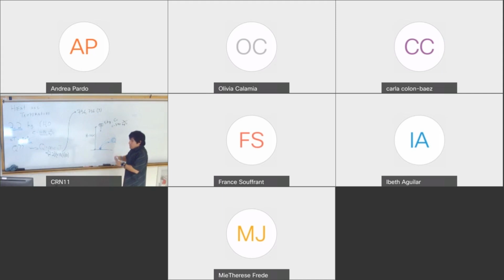This heat, because of conservation of energy, of course, we're still neglecting the air friction, right? But that's fine. All this heat will be basically the potential energy, which is what? mgh.